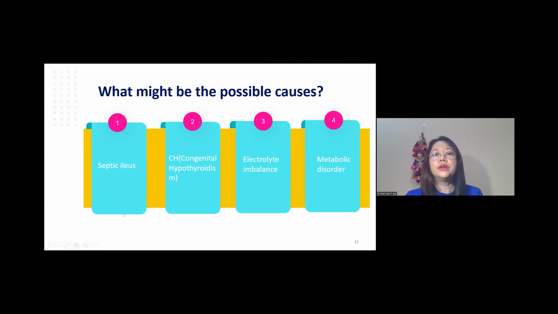According to the history, physical examination, and investigations, we considered the following conditions. Number 1 is septic ileus, maybe due to the high CRP. Number 2 is congenital hypothyroidism, because of the coarse facies, hoarse cry, distended abdomen, and electrolyte imbalance; the rarer possibility is a metabolic disorder.